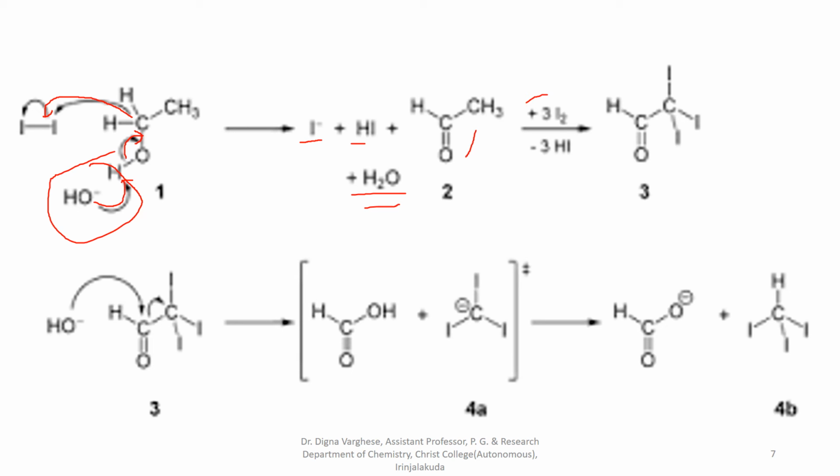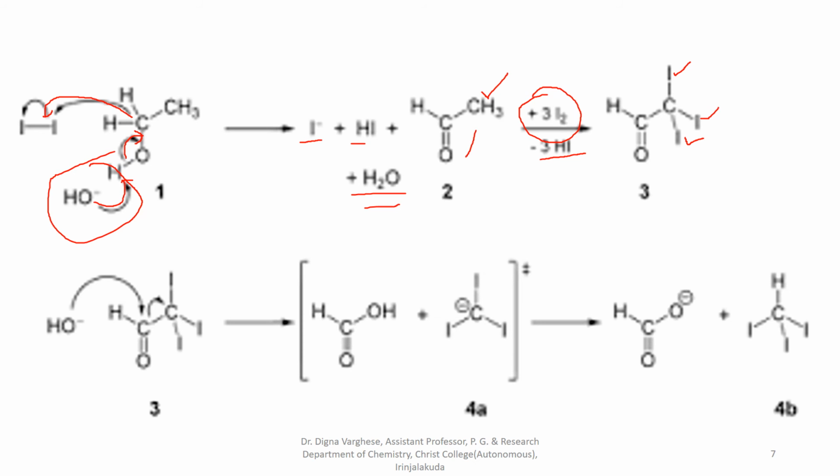This again reacts with 3 iodine molecules and forms 3 hydrogen iodide. These 3 hydrogen atoms are replaced by 3 iodine atoms.